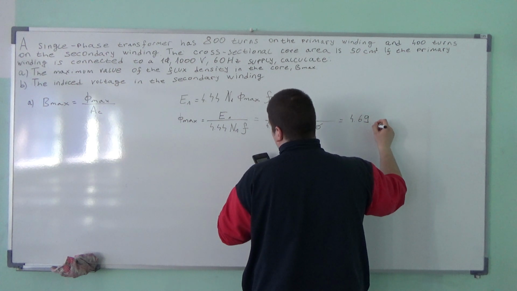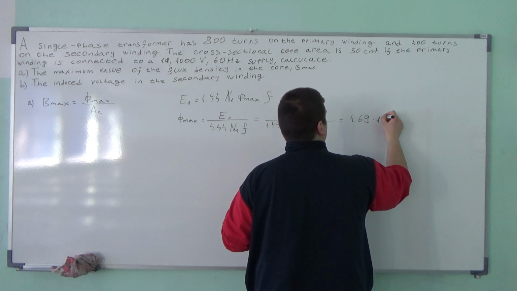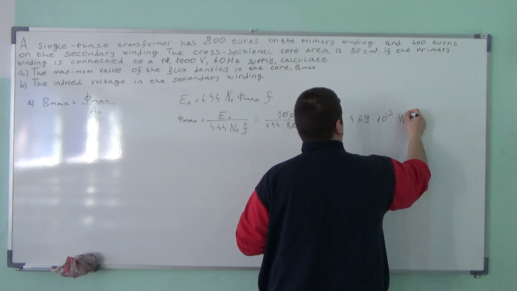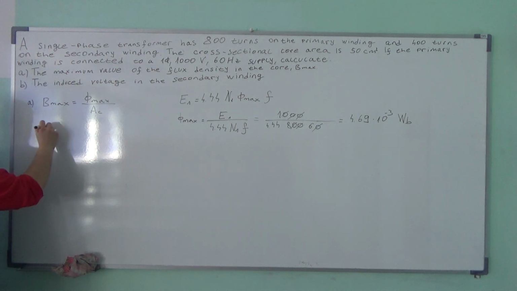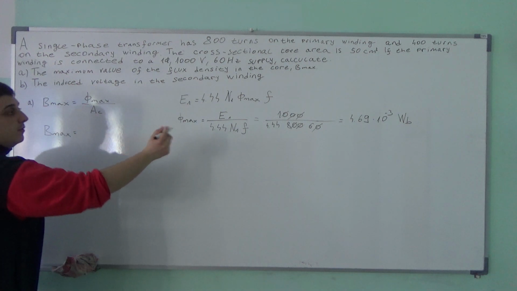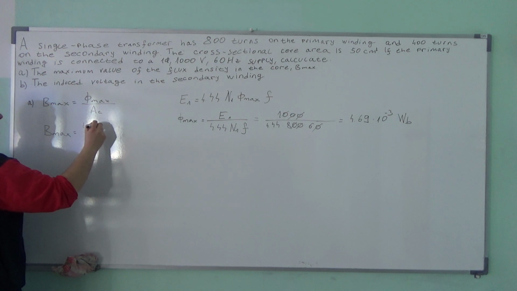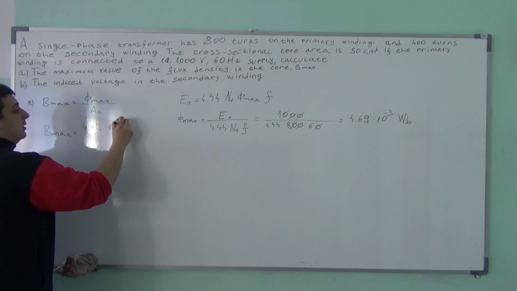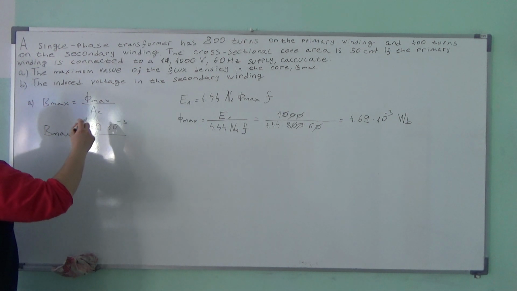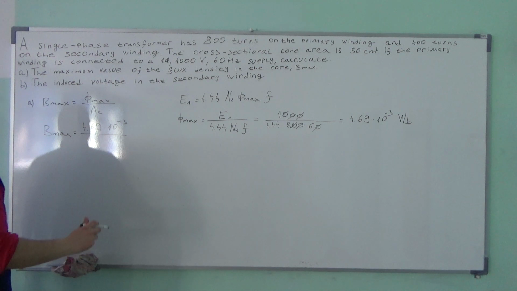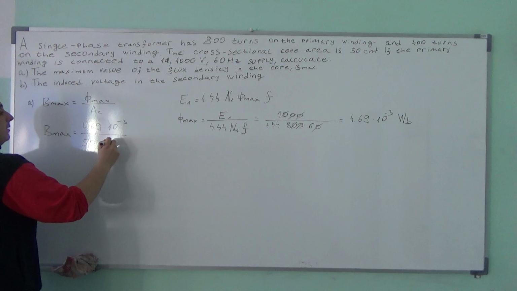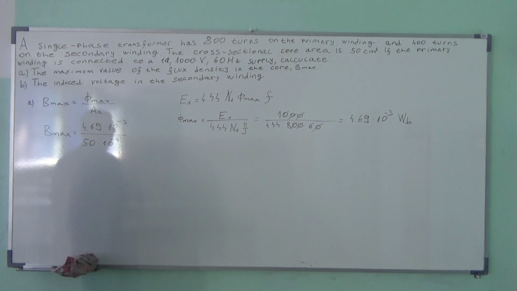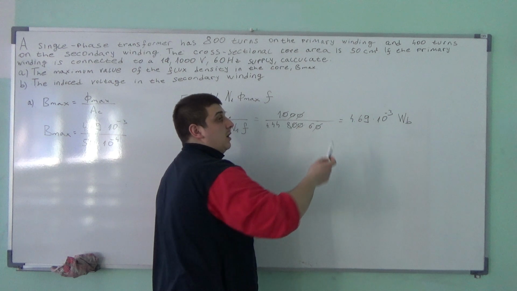4.69 times 10 to the minus 3 Webers. So the maximum flux density is equal to 4.69 times 10 to the minus 3 divided by the cross-sectional core area, which is 50 centimeters squared, but in SI units that is 50 times 10 to the minus 4, because we want to transfer centimeters squared into meters squared.